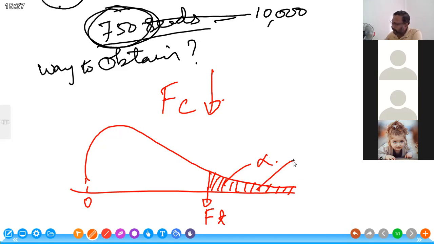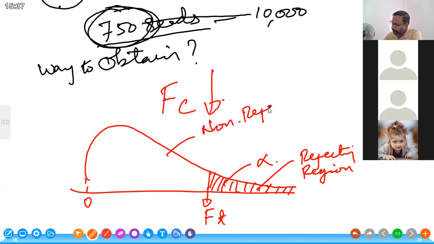So how do we call that marked area? Rejecting region. The marked area is called the rejecting region. The unmarked area is called the non-rejecting region.